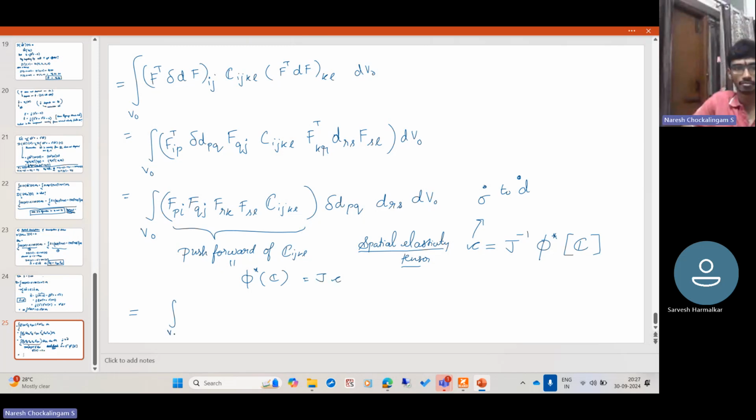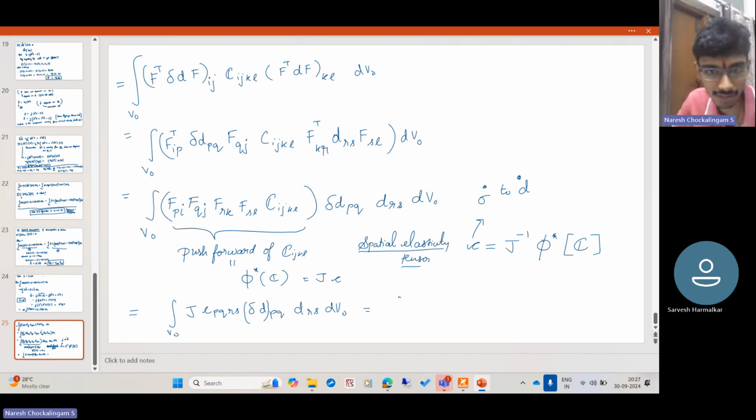Okay, so this is integrated over volume. J times what are the components? IJKL is getting multiplied with this, so it is PQRS. So J C PQRS. These are the PQRS components of spatial elasticity tensor C multiplied with del D PQ D RS dV naught. So del D is one virtual velocity, virtual rate of deformation tensor. D is the actual rate of deformation tensor, and there's a delta T somewhere sitting outside.